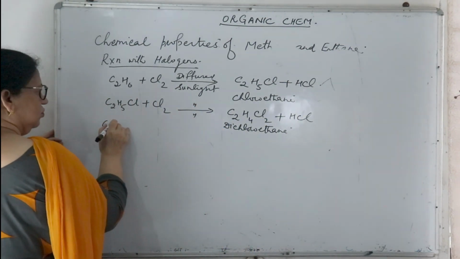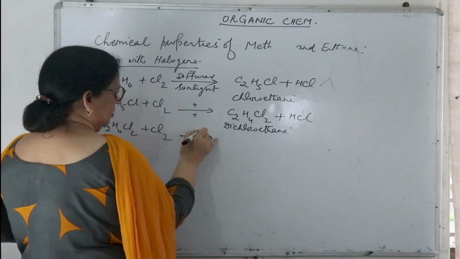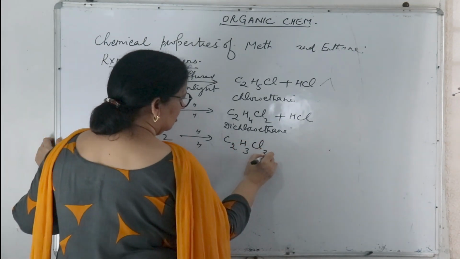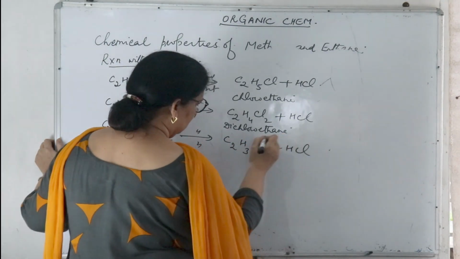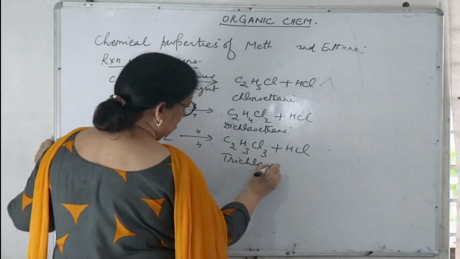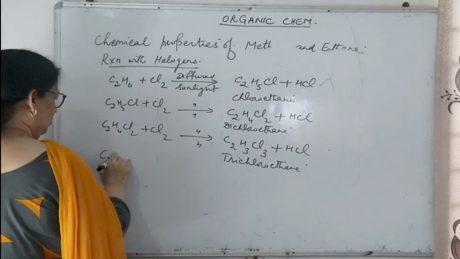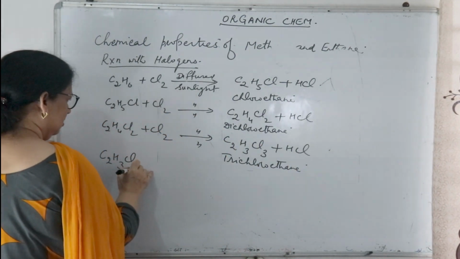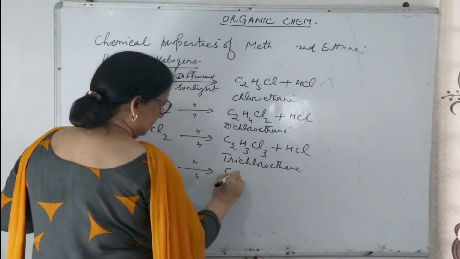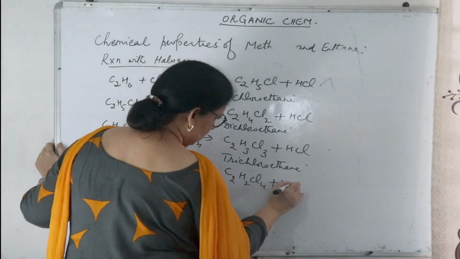and this C2H4Cl2 plus chlorine gives C2H3Cl3 plus HCl. This is trichloroethane. C2H3Cl3 plus Cl2 gives C2H2Cl4 plus HCl.